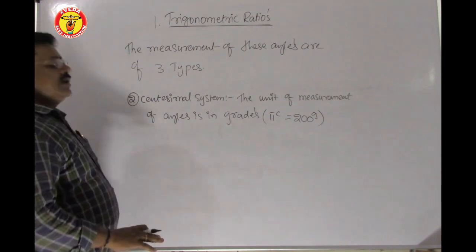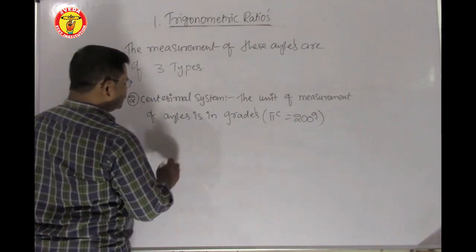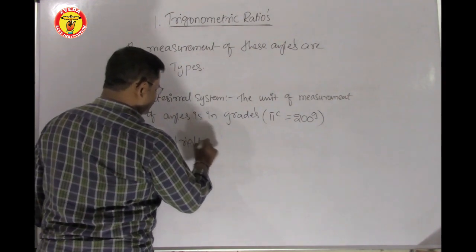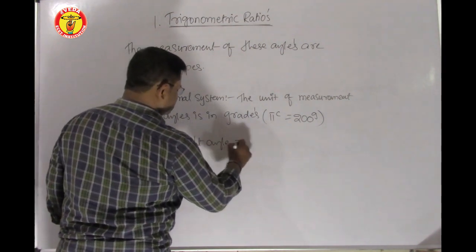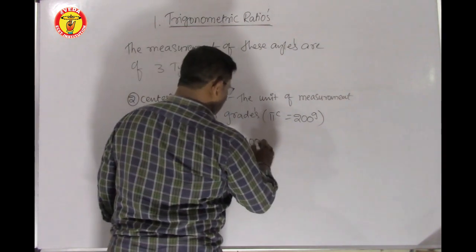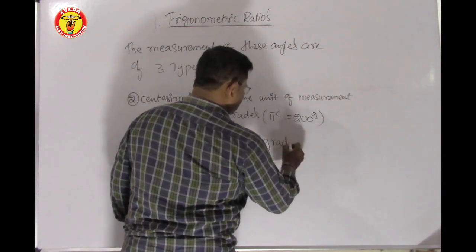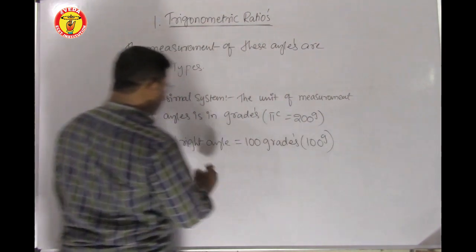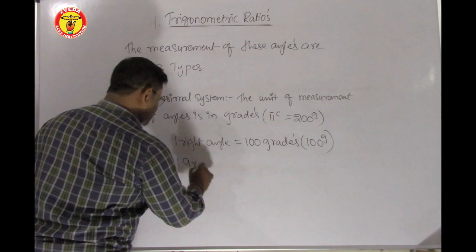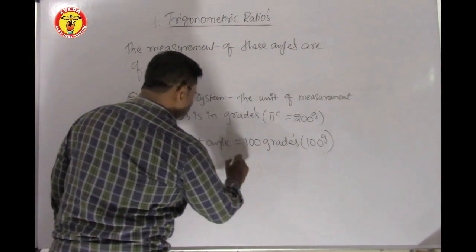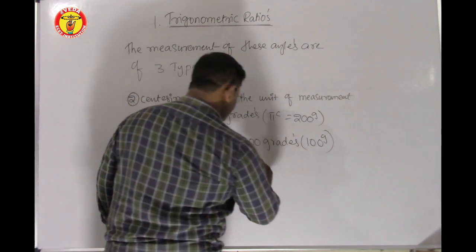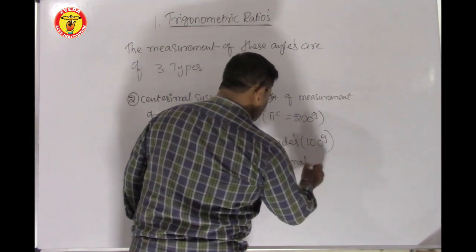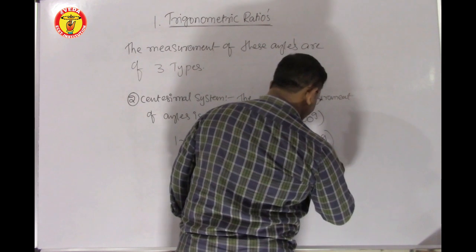In this, one right angle is equal to 100 grades, and 1 grade is equal to 100 centesimal minutes.